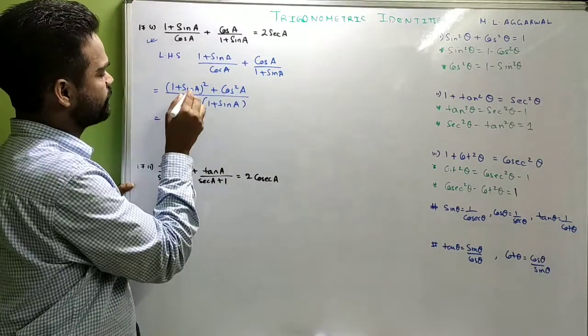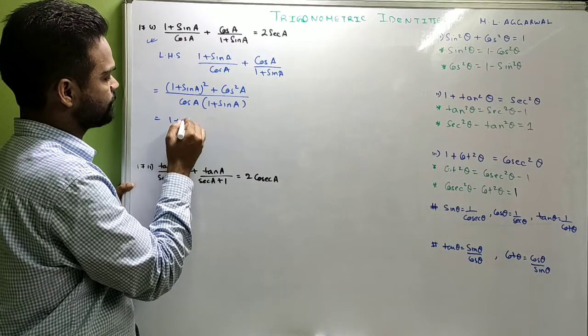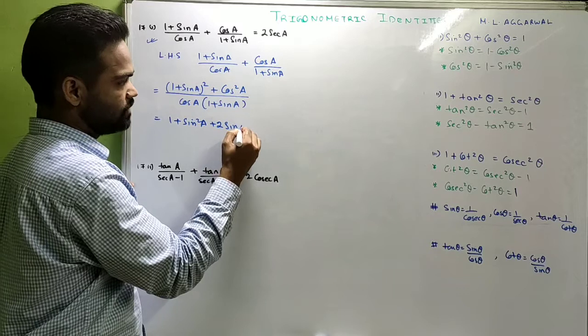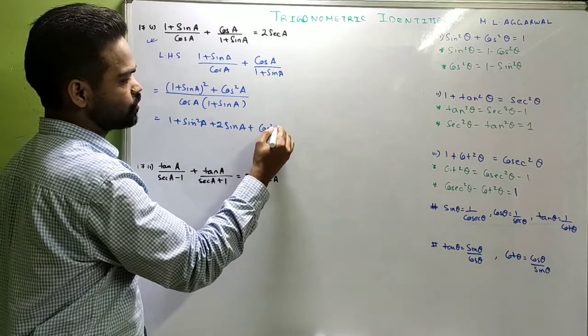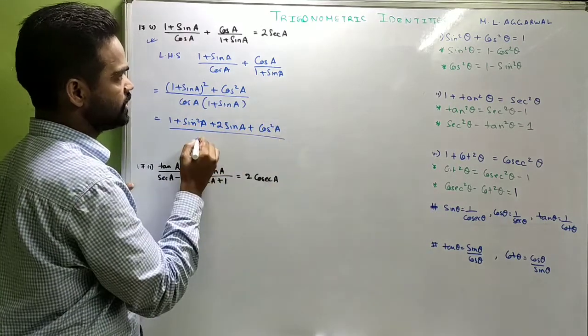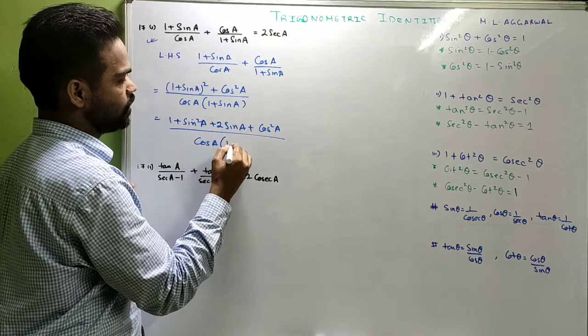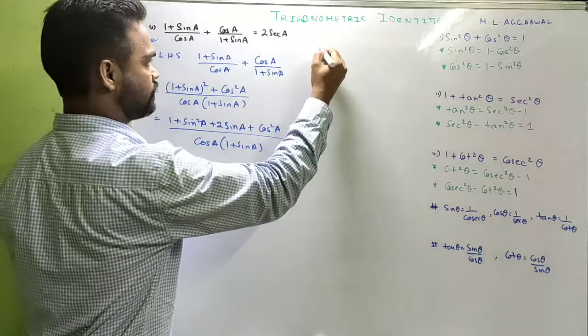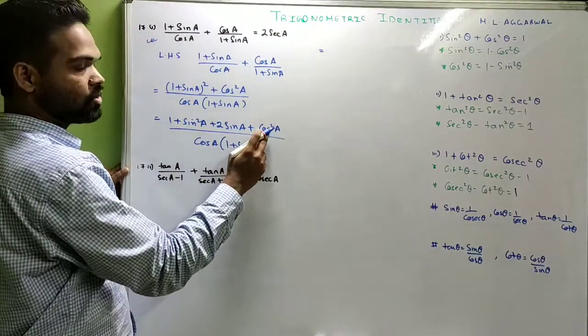Now just open this. (A plus B) whole square, which is A square plus B square plus twice AB, plus cos square A, by cos A (1 plus sine A). Done. Now look carefully. Sine square A plus cos square A is 1.